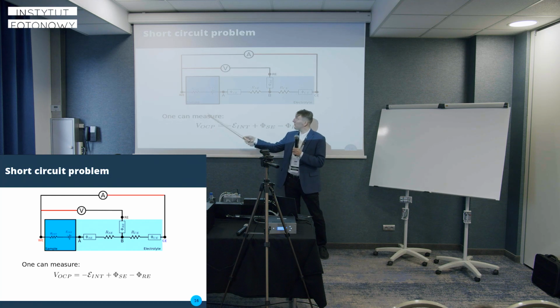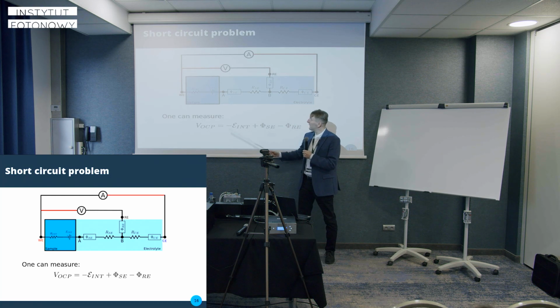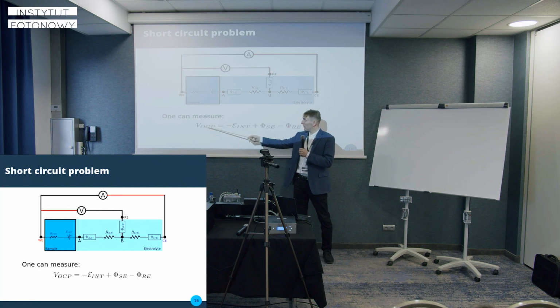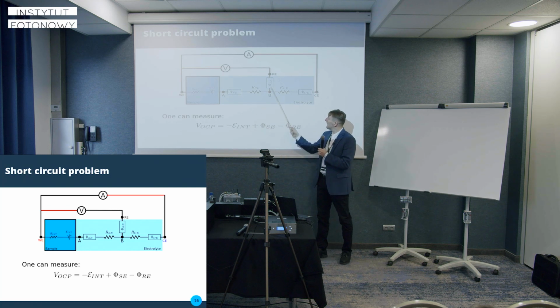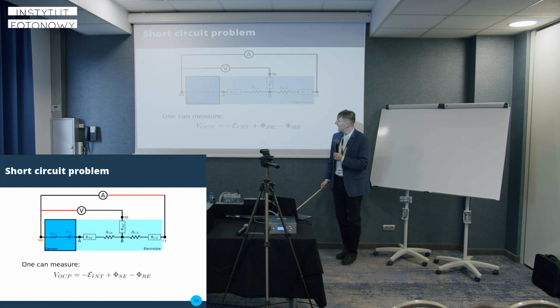So V_OCP, the open circuit potential, will come from this measurement. When there is no current flowing, this OCP voltage will account for this drop of potential and this drop of potential, and of course, for our electromotive force.